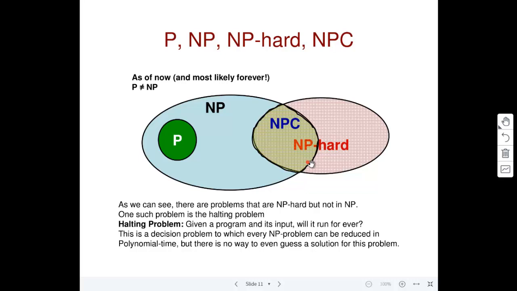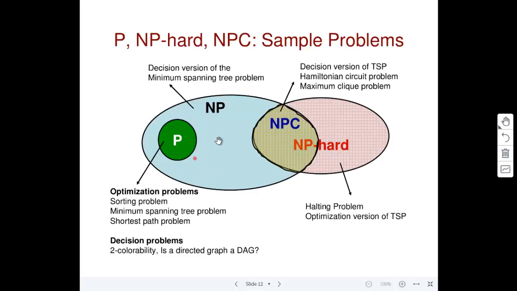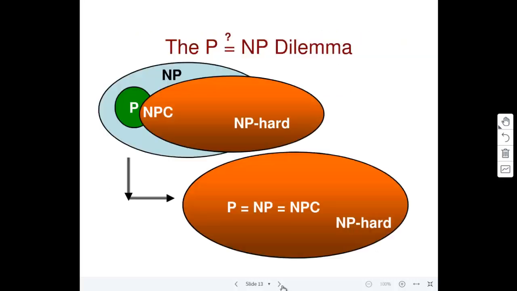Then it means you have a polynomial time algorithm to solve an NP complete problem. That also means you have a polynomial time algorithm to solve an NP hard problem. And which means what? Every problem in the class NP can be reduced to that particular problem, for which you have a polynomial time algorithm that gives you a deterministic solution. And that means every problem in the class NP can be solved in polynomial time. So that will mean P is equal to NP.